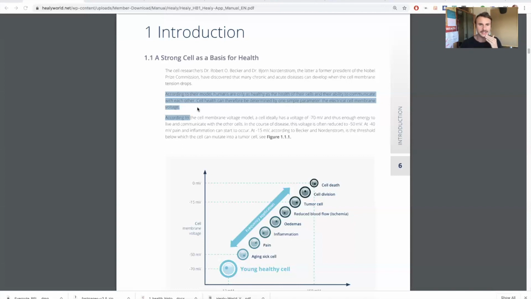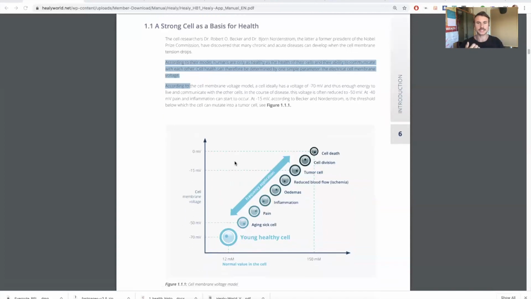So I'll just quickly read this. According to their model, humans are only as healthy as the health of their cells and their ability to communicate with each other. Cell health can therefore be determined by one simple parameter, the electrical cell membrane voltage. If we have a low cell voltage, you can see here, guys, things like inflammation, pain, reduced blood flow, tumors, cell division, and even cell death at a certain frequency.